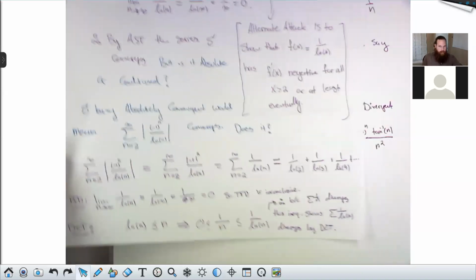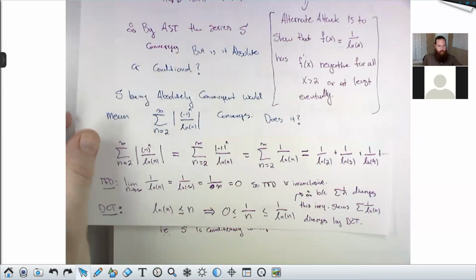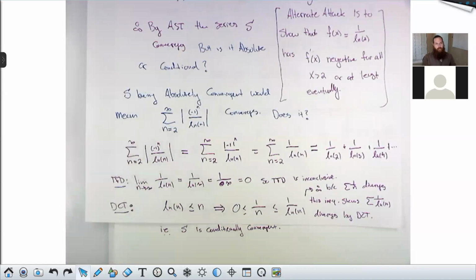We want to see this again. So I'm curious about whether or not my absolute value series converges or not. So I simplify it. It simplifies to the sum from 2 to infinity, 1 over the natural log of n, which has first two terms looking like this. 1 over the natural log of n is bigger than 1 over n because the natural log of n is smaller than n.